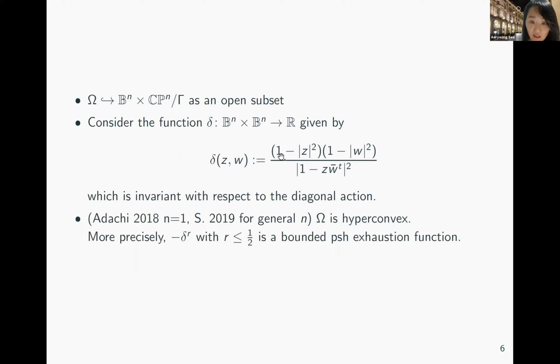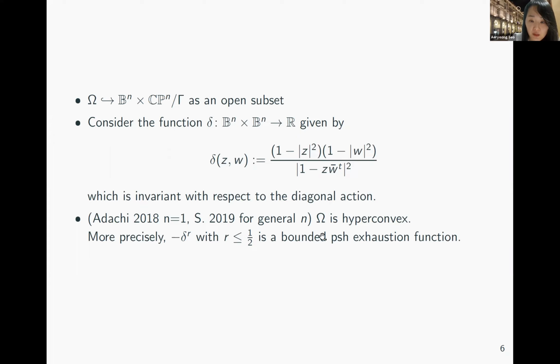As you see here, 1 minus |z|^2 is the defining function of the unit ball. And this delta is invariant with respect to the diagonal action. That is because each term can be expressed by the Bergman kernel of the unit ball. And because of the transformation formula for biholomorphisms, we can show easily that this delta is invariant.